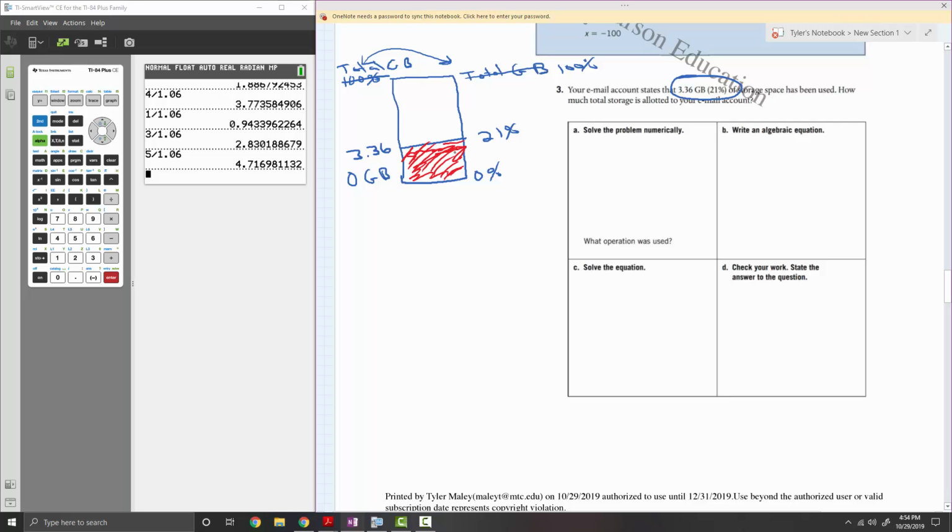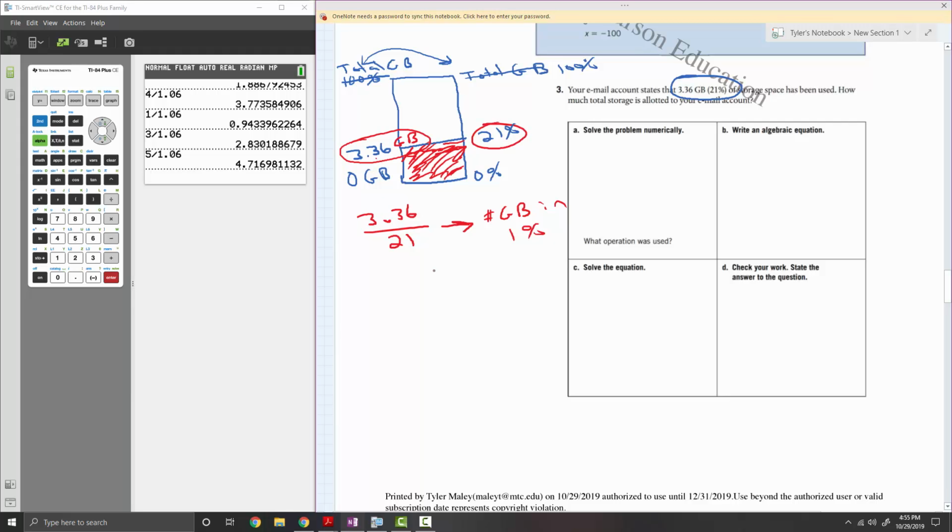Maybe a way to think about this is if I take 3.36 and divide by 21, this will give me the amount of gigabytes in 1%, because I use 3.36 gigabytes in 21%.